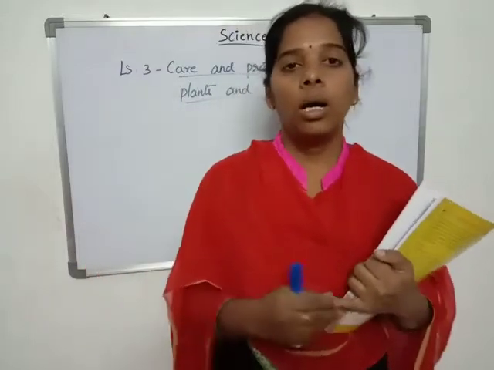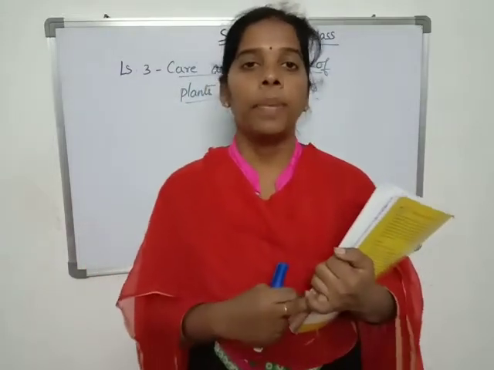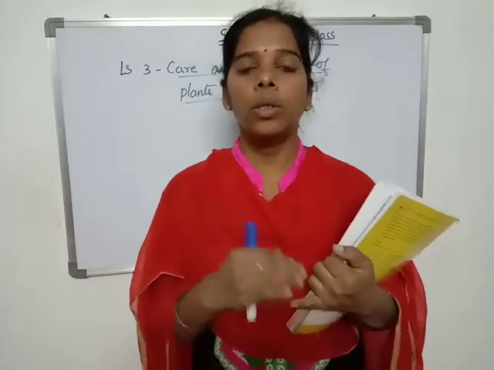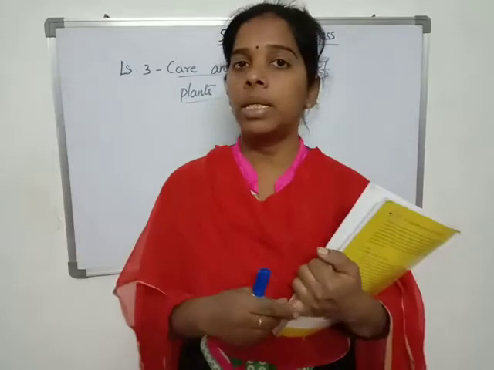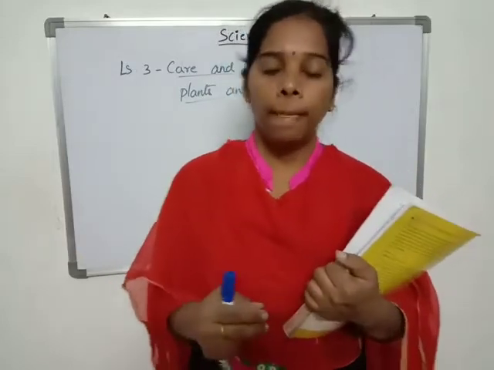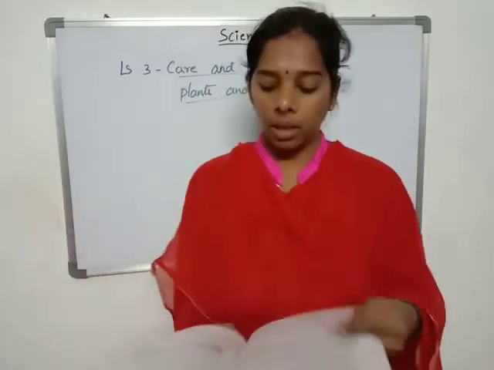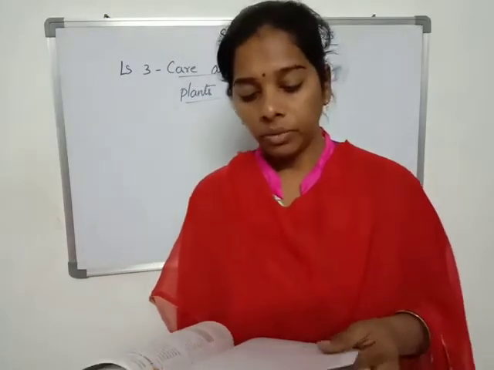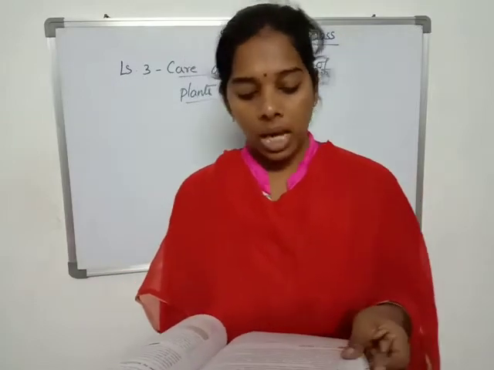We should stop hunting them. If we hunt them, it is a punishable offense. So we should not hunt for thrill or anything. Wild animals and birds we shouldn't hunt.